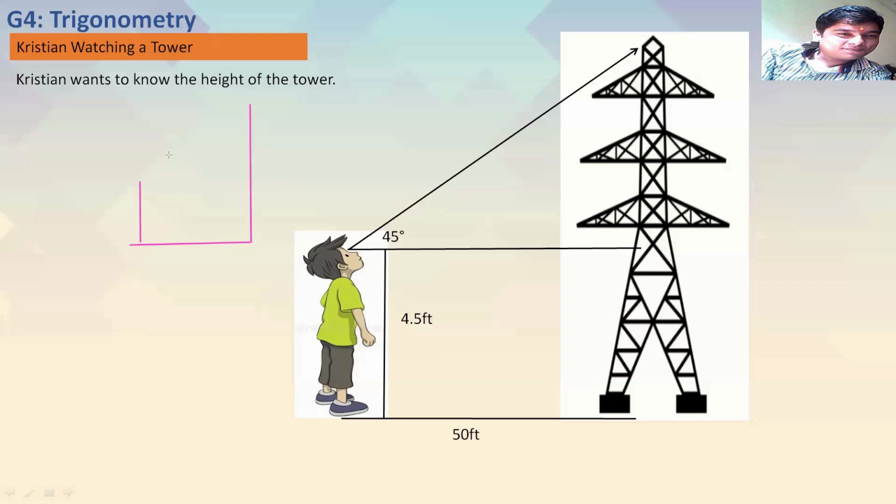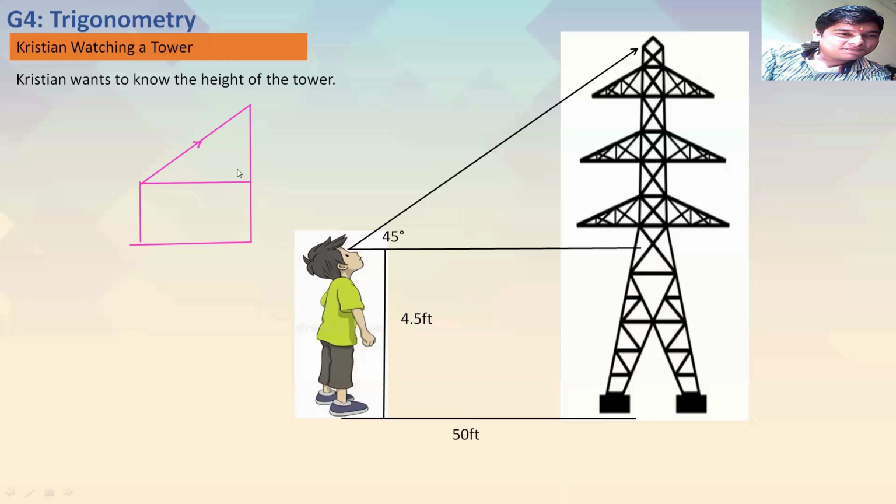So you are watching the tower. This is the line of sight, an imaginary line. You have to draw a horizontal over here to have a triangle, of course. Now you are able to see a triangle and a rectangle.